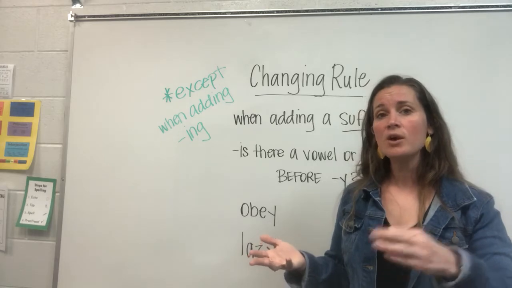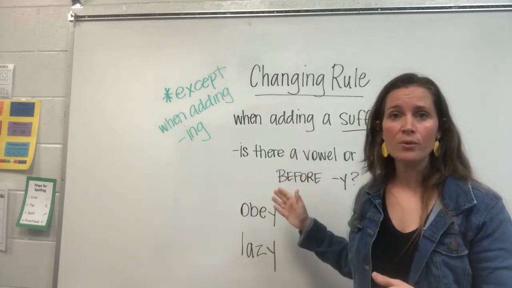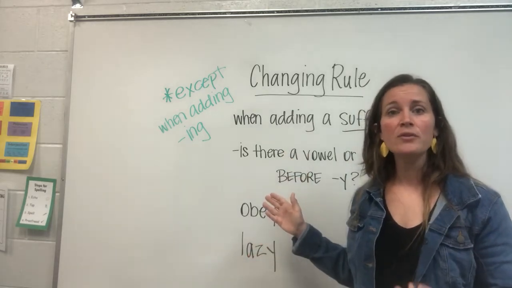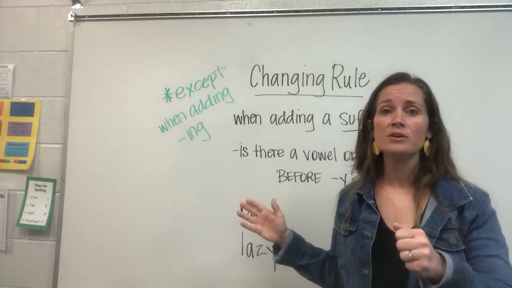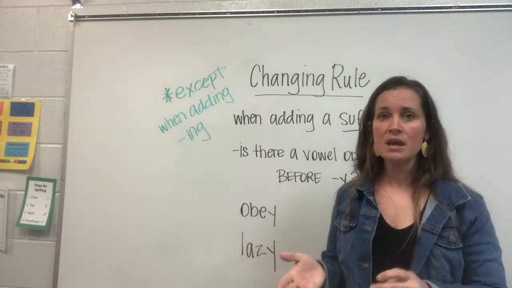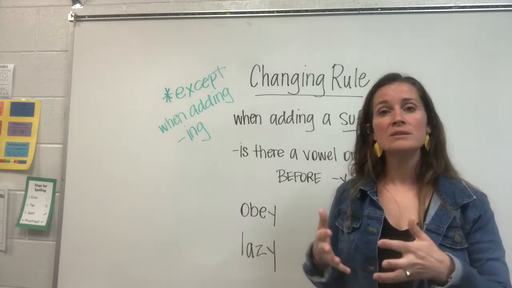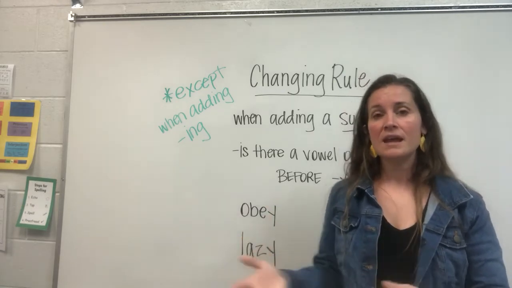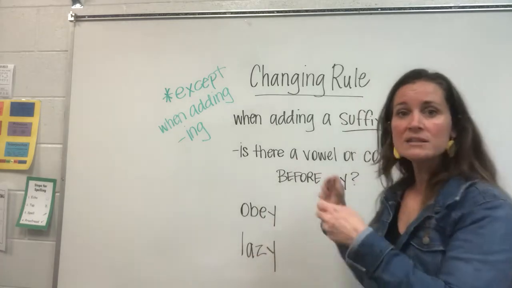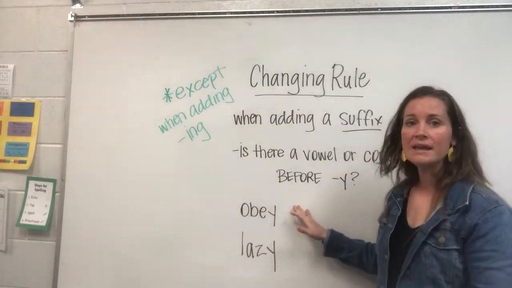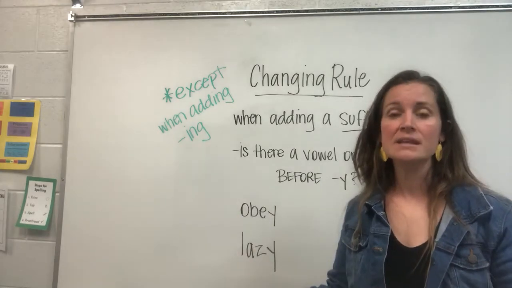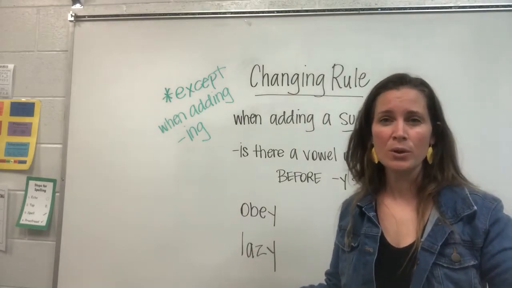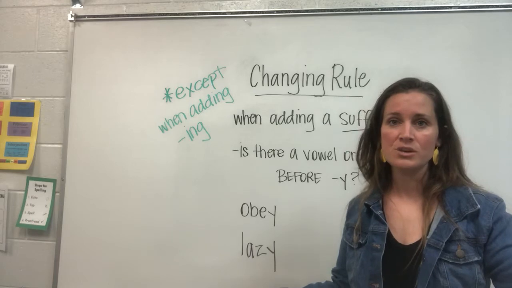But as we go through and learn our changing rule, in the activities throughout your spelling binder, as you study for your test, and on your test, you are going to have to know how to spell the derivatives. Now, a derivative is your base word, like obey and lazy, with an added suffix. In this case, suffix, because that's what we're learning about specifically for the changing rule.